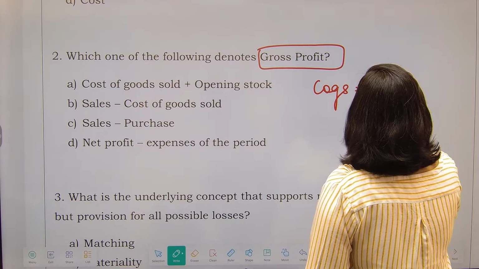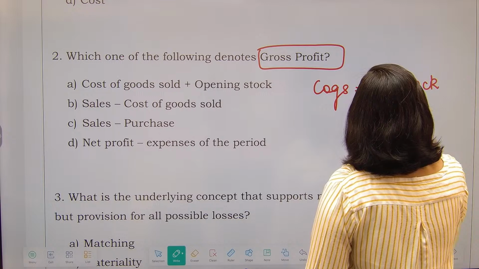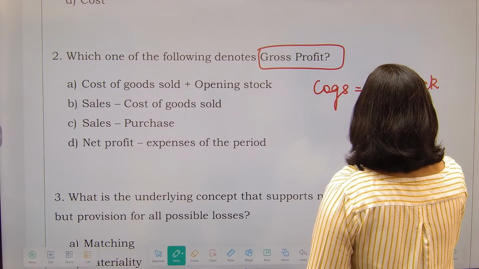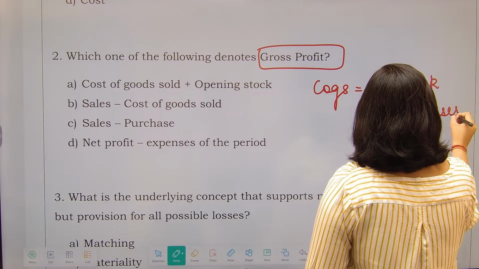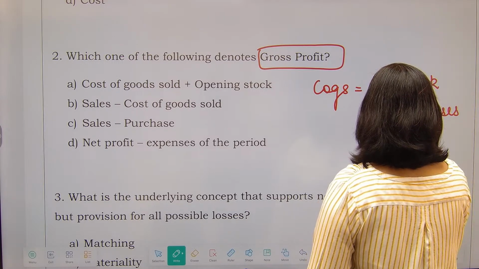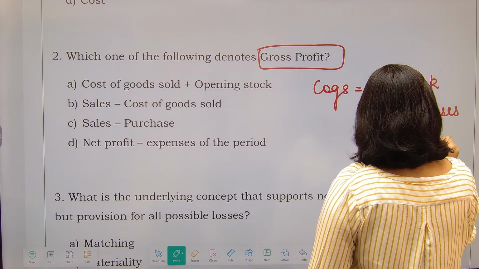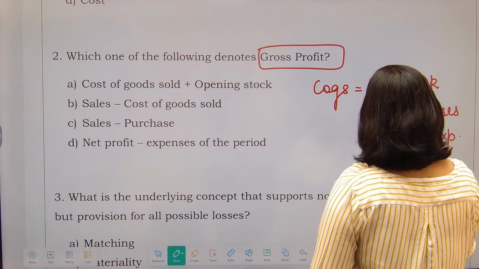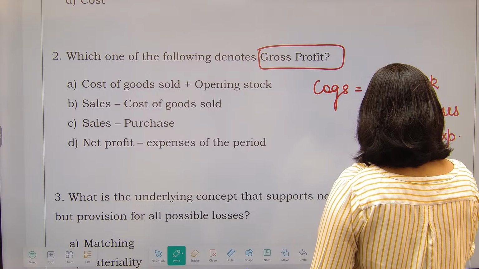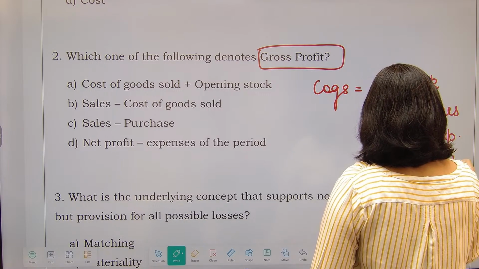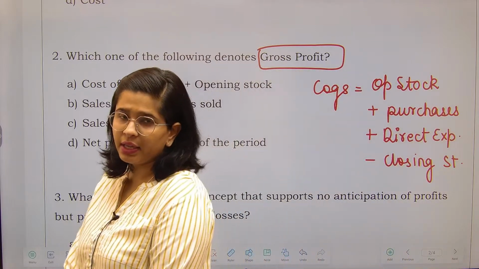It is calculated as opening stock plus purchases that you have made in the year plus direct expenses and minus the closing stock. This is the formula of cost of goods sold. This is how we calculate the COGS.